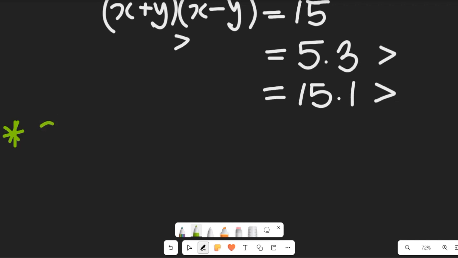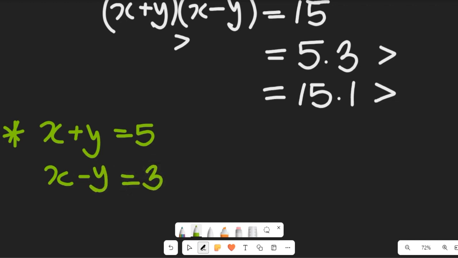The first expression, we're going to have x plus y equal to 5, while the second expression, we'll have x minus y equal to 3. Now we'll take this as one equation.